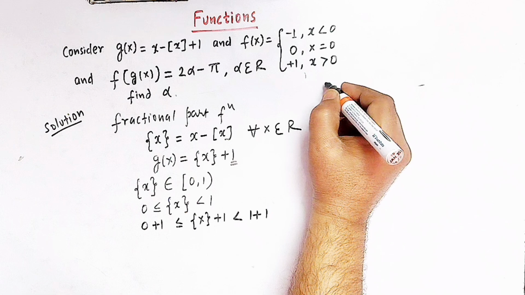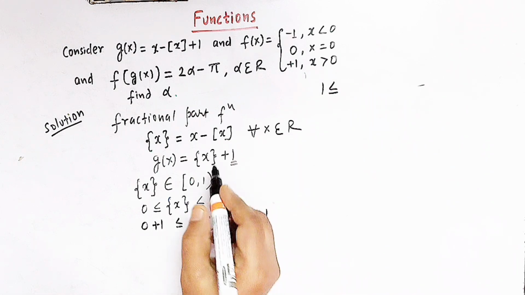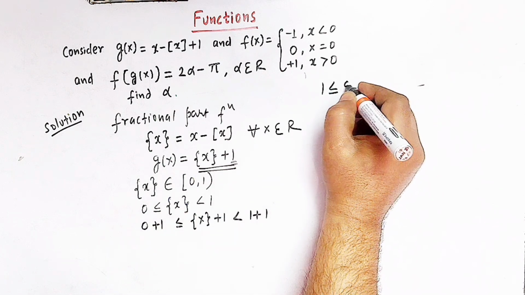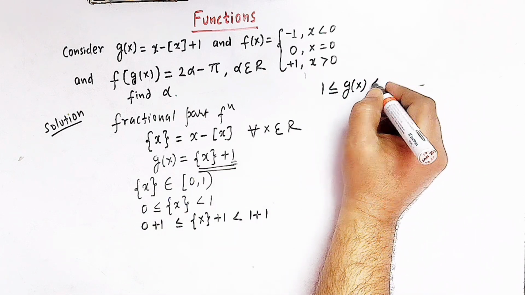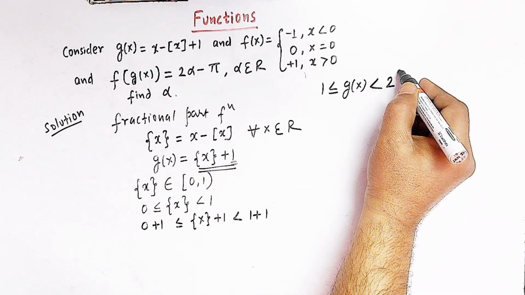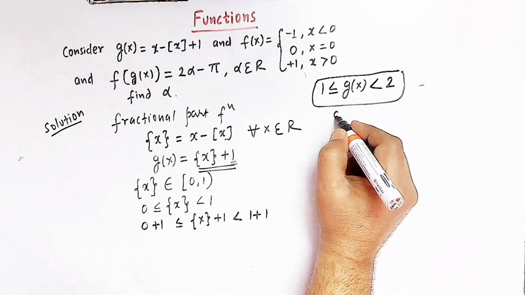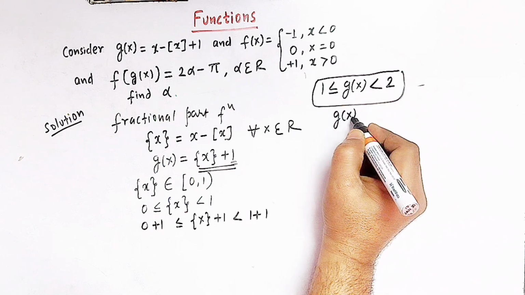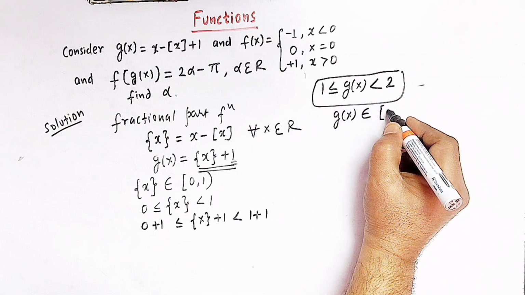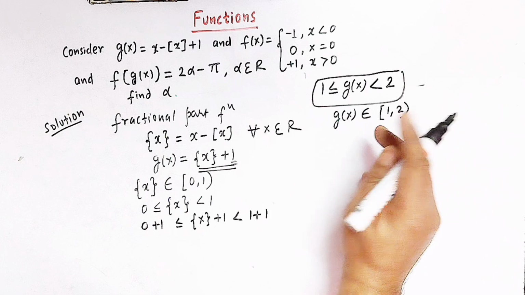So 0 plus 1 is 1, for fractional part of x plus 1 we can write the function g of x, and 1 plus 1 is 2. From this inequality, we can easily conclude that the function g of x belongs to the interval 1 to 2, where 1 is included.